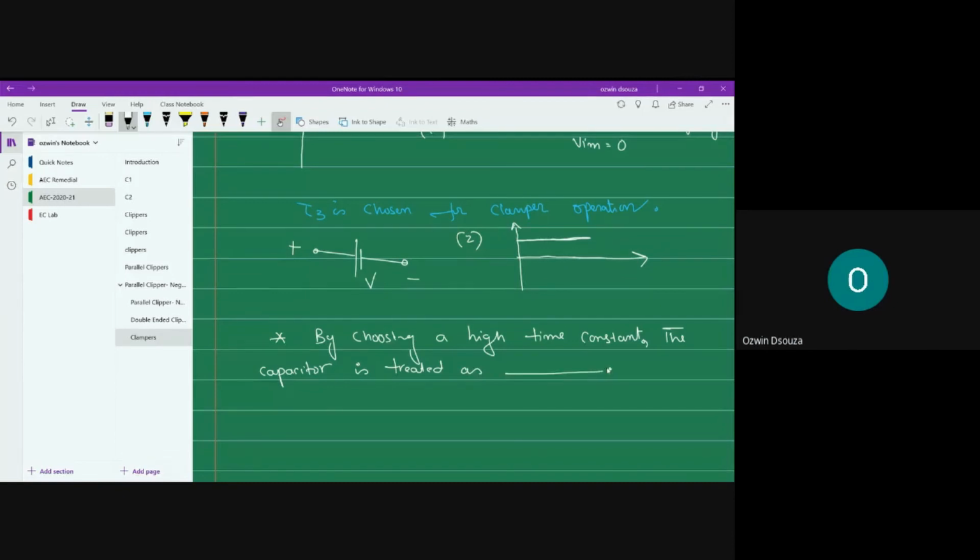Can anyone type the answers? By choosing a very high time constant, the capacitor can be treated as dash. The capacitor can be treated as a battery, absolutely. Okay, so the capacitor can be treated as a battery.